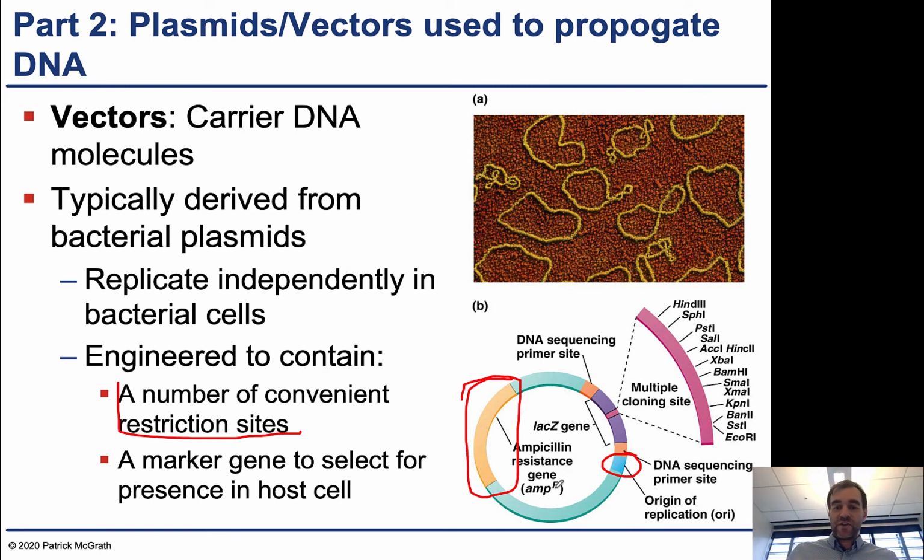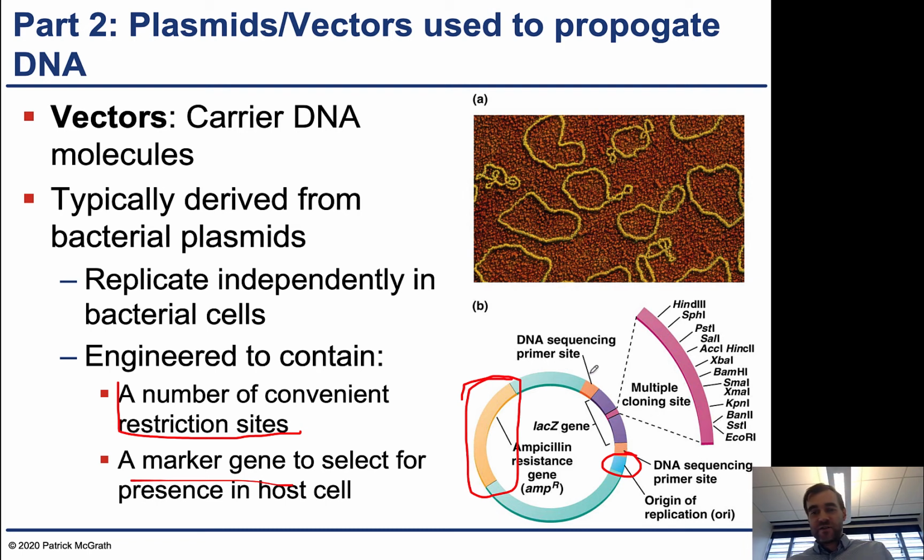If they have this gene, the bacterial cells won't be killed by the ampicillin. Why is this important? This is called a marker gene because it allows us to determine whether or not the bacteria is carrying the plasmid. If the bacteria does not have the plasmid, it's susceptible to ampicillin and will die. If it does have the plasmid, then it's going to live.